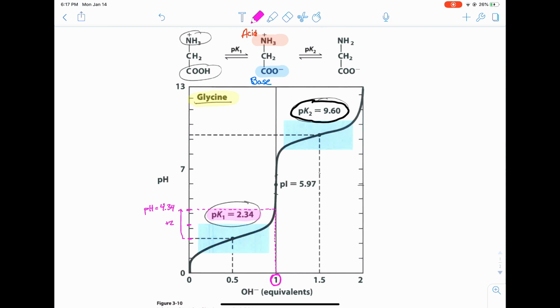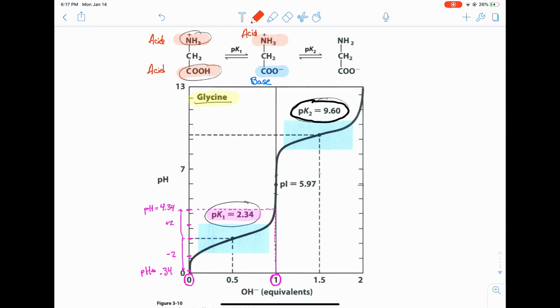So when we go 2 pH units away in the other direction, we see that the graph tells us there's pretty much no equivalence of base in the solution, which makes sense because at that point, looking at the illustrations, both the amino and the carboxyl group are in their acidic forms.